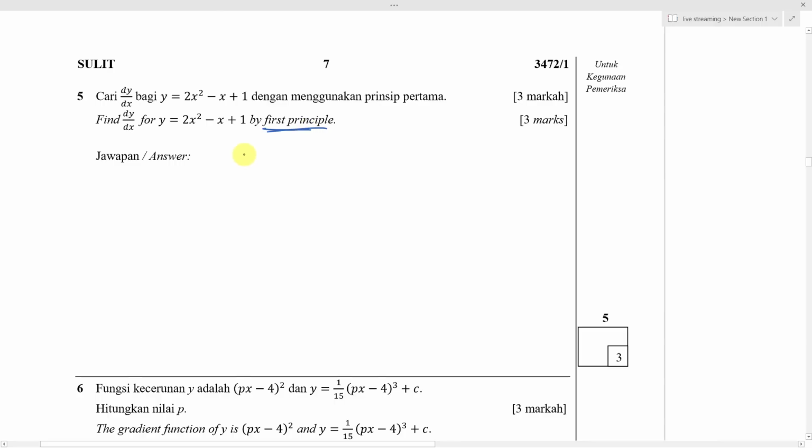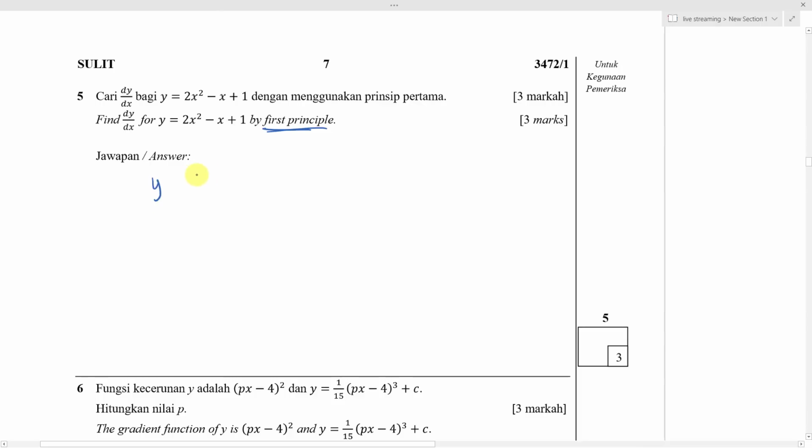But what I can say is, in order to get the dy/dx here, you must get change of y over change of x, and at the same time you need to limit your change of x close to 0. So when you limit change of x close to 0 for change of y over change of x, you are getting dy/dx. Okay, so this is my whole objective of doing this question using first principle.